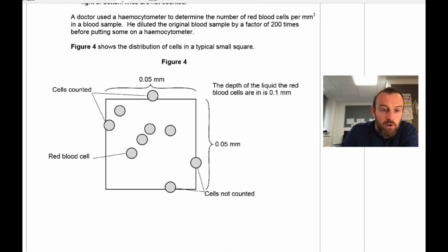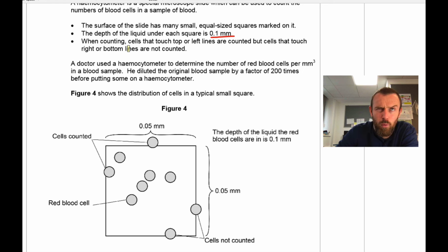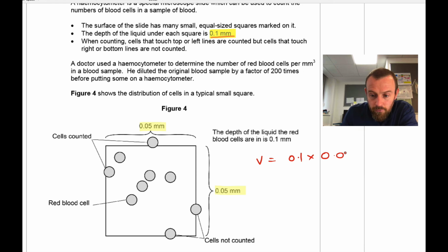Well, we need to know the depth, the width, and the length, right? So the depth is 0.1 millimeters, and then here is the width and the length. So the volume is going to equal 0.1 times 0.05 times 0.05 millimeters cubed.